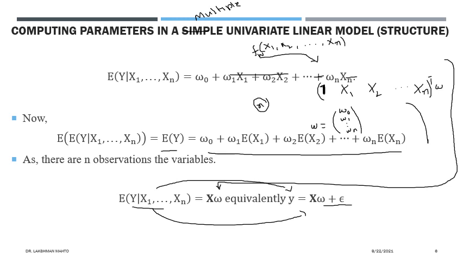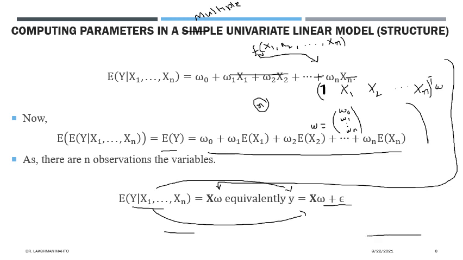Here I have further explained that X is an n by n plus 1 matrix where the first column, I discussed, is a one vector. Every entry is one in the first column. Epsilon is again an n dimensional vector, defined this way: epsilon 1 is with respect to the first sample, epsilon 2 with respect to the second sample, likewise, and omega is defined as an n plus 1 column vector.